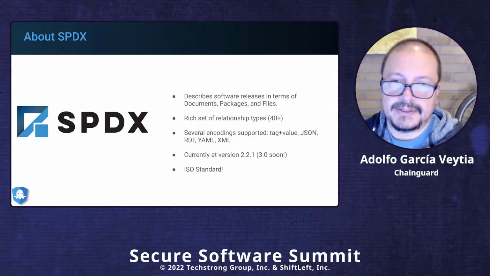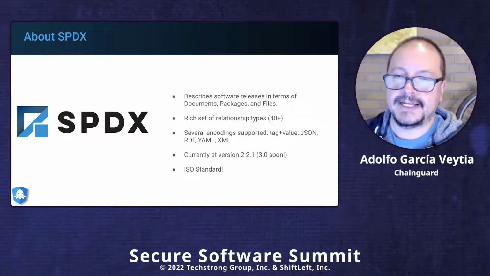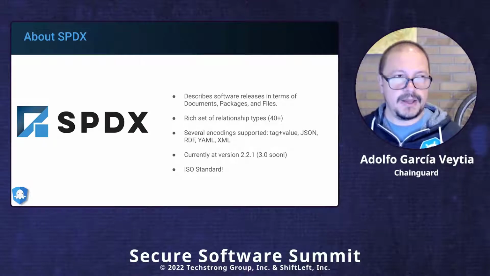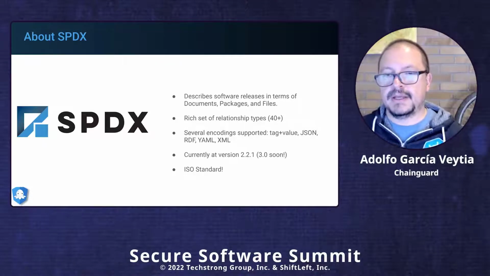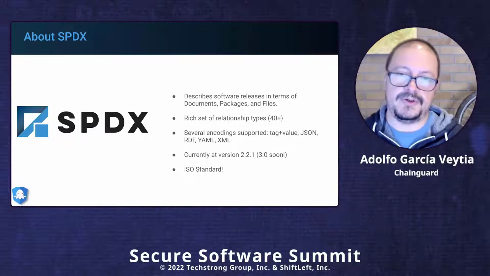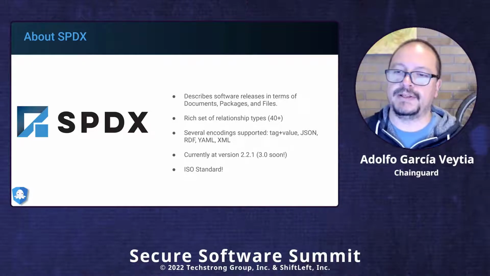So what is SPDX? SPDX is the standard to write SBOMs, and it's designed to describe software releases in terms of packages and files, which are described in a document. These two elements are related between each other by a rich set of relationships that give semantic meaning to what you find inside of the SBOM.